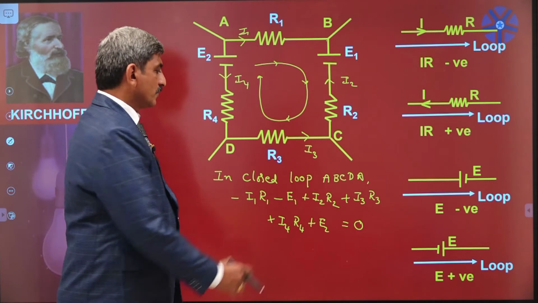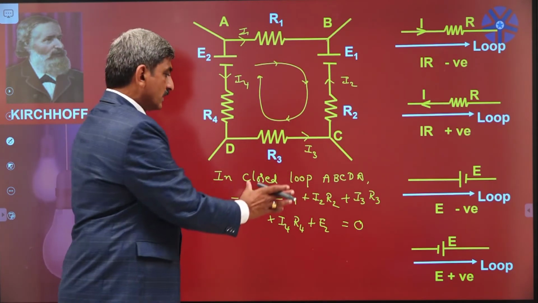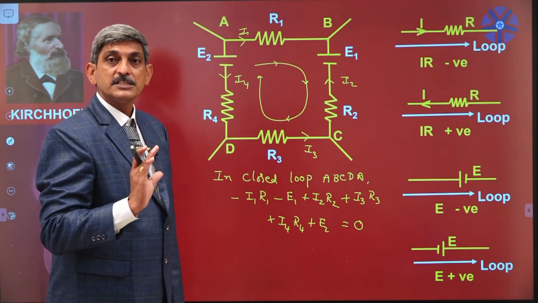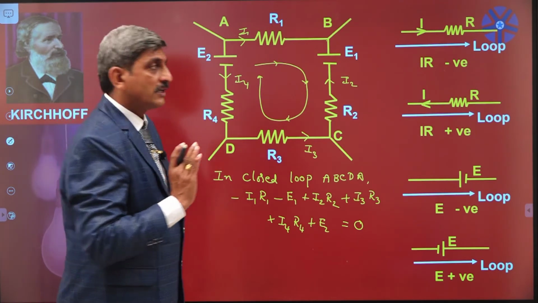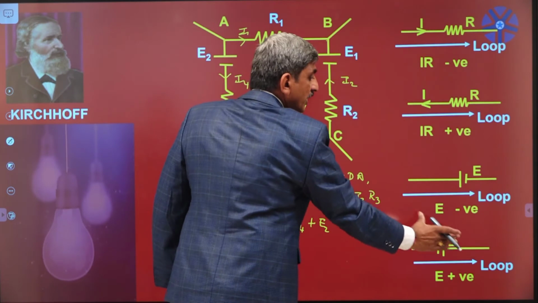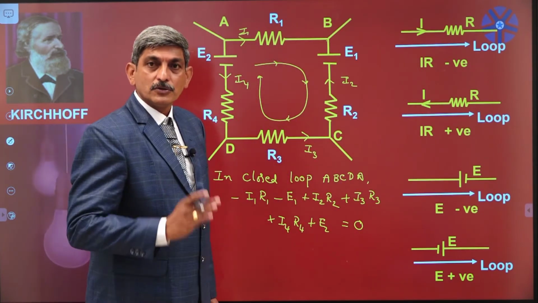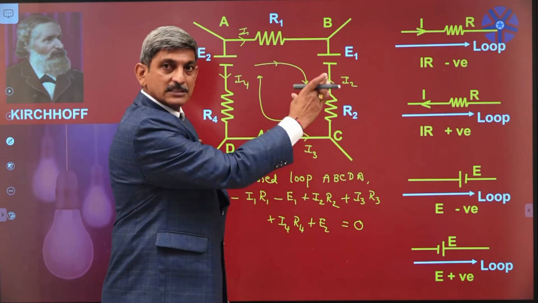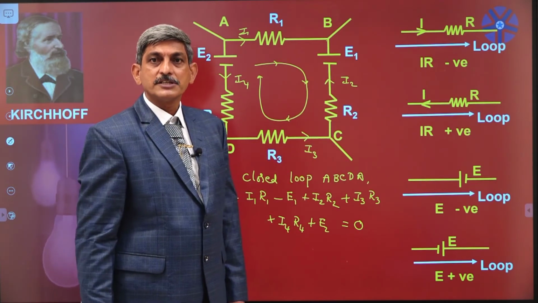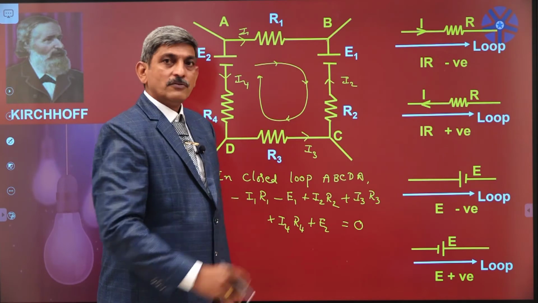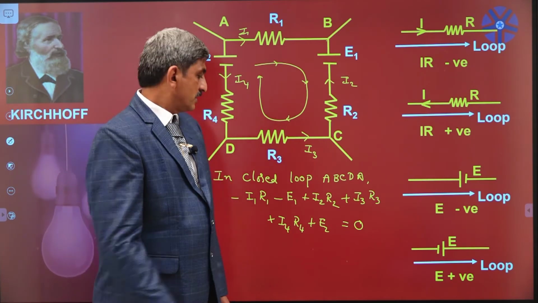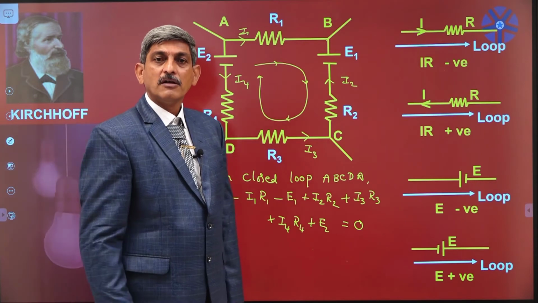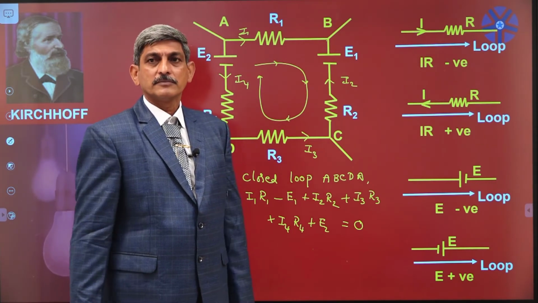Okay, so writing Kirchhoff's voltage law becomes easy only when you have these rules in your mind. So please be clear in the sign convention for the potential drops and the EMFs, then it becomes easy to write down the Kirchhoff's voltage law for any complicated network.